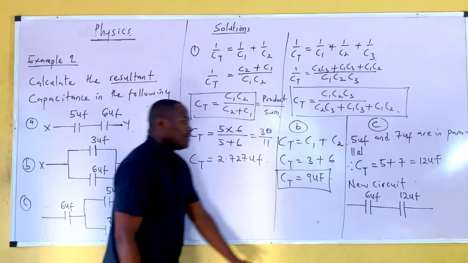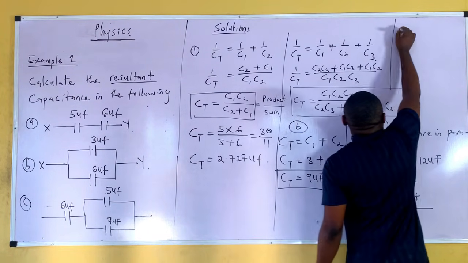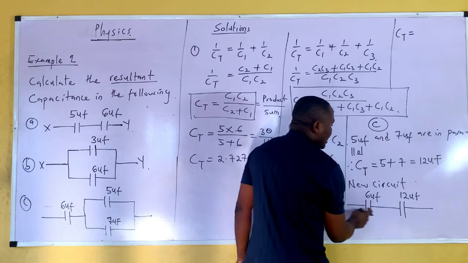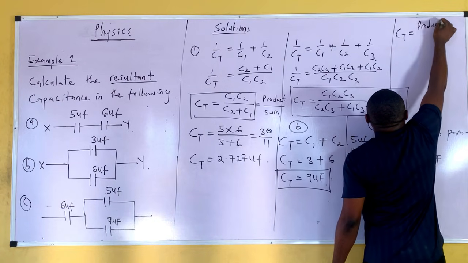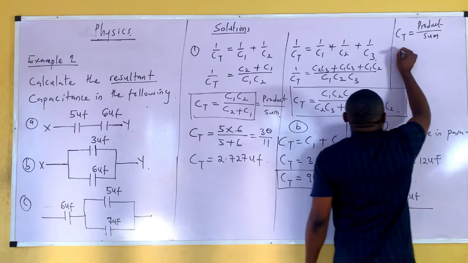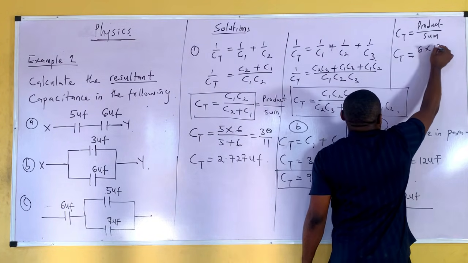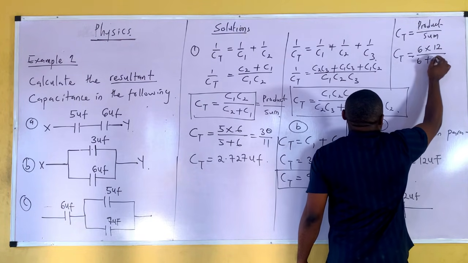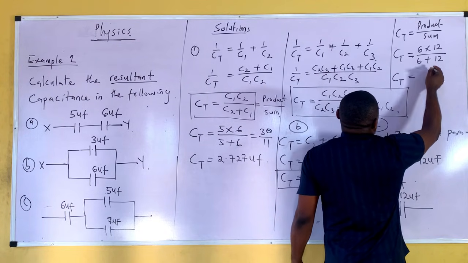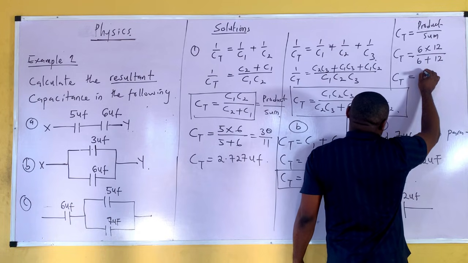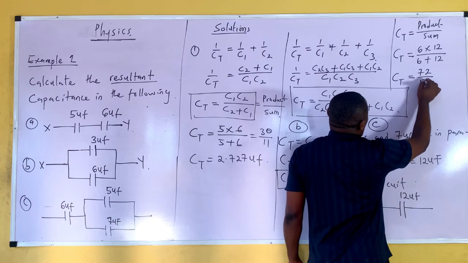So since I have these two, what will be my final answer? My C total, remember they are now in series. And to solve series, we said just do product over sum. So C total equals 6 times 12 over 6 plus 12. 6 times 12 is 72 over 18.